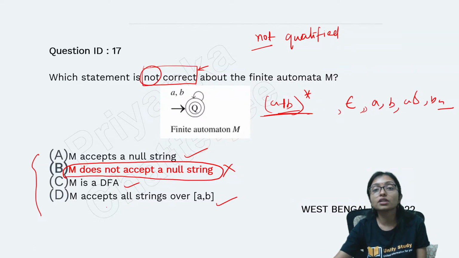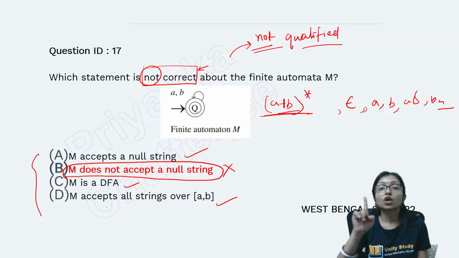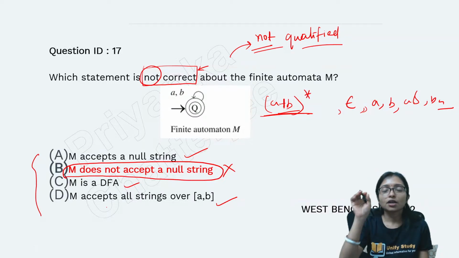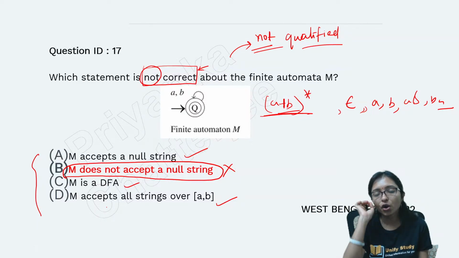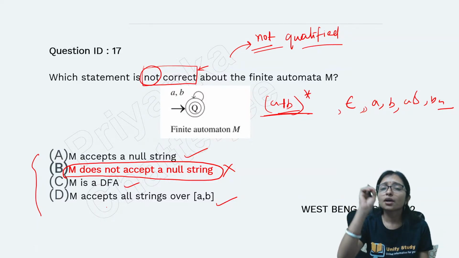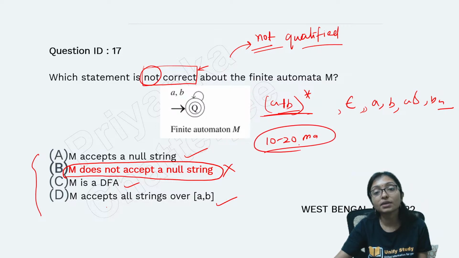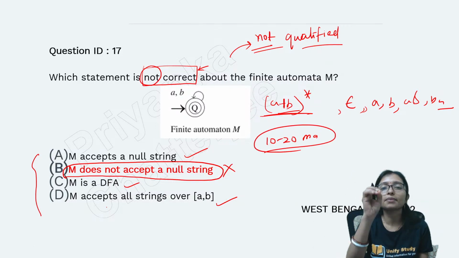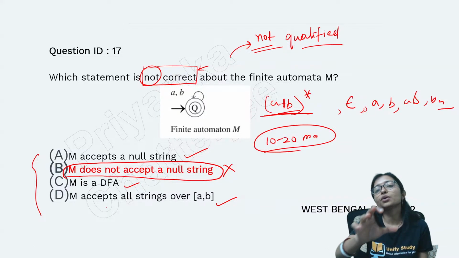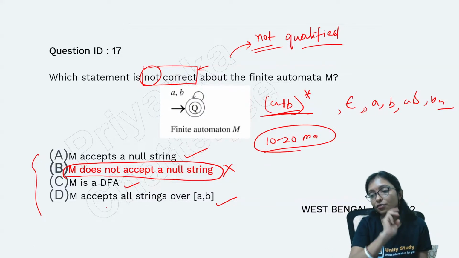In the question, "not", "incorrect", "false" are the traps. You have to be always serious about that trap. Because of this mistake, most of the time students miss 10 to 20 marks due to this blunder and overlooking. Just overlooking this "not". Be careful.